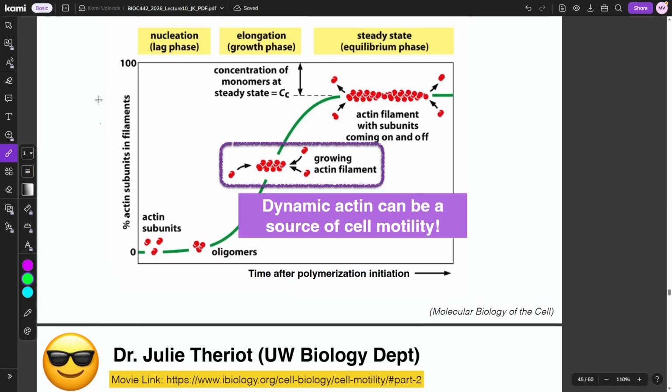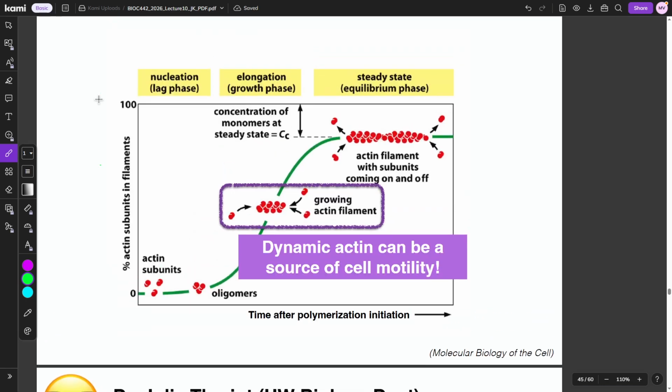The important thing to keep in mind is there's a couple different phases. The nucleation lag phase is when we're waiting for some of these actin monomers to combine together. Then when we start making oligomers, this is where the growth phase really starts to happen, where as this gets larger, the probability of that oligomer finding other oligomers and other actin molecules becomes much larger.